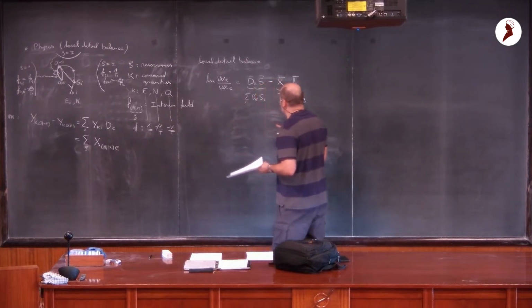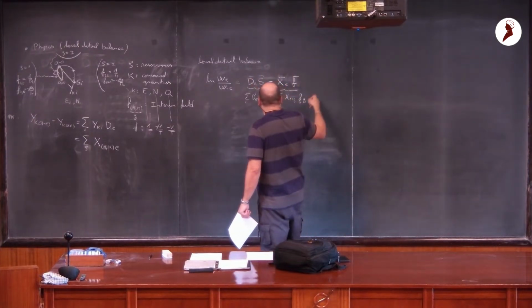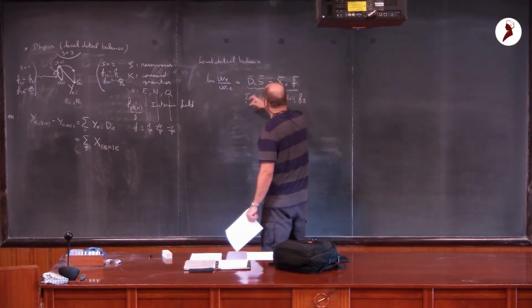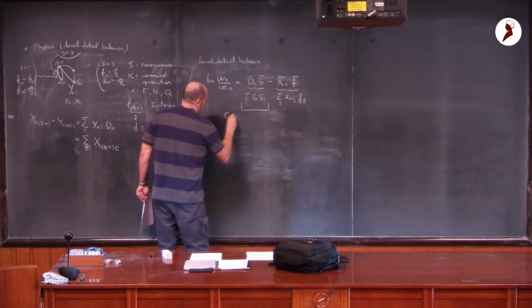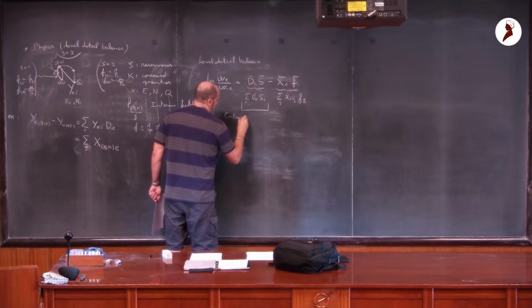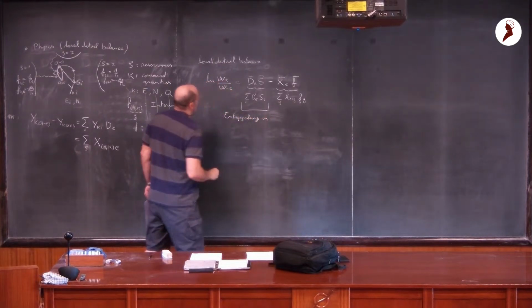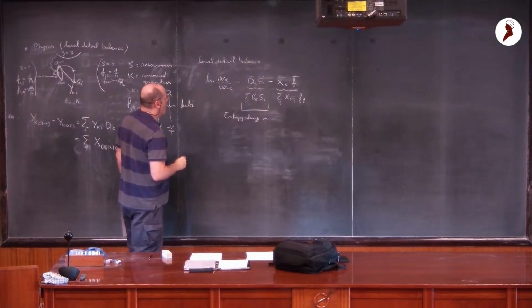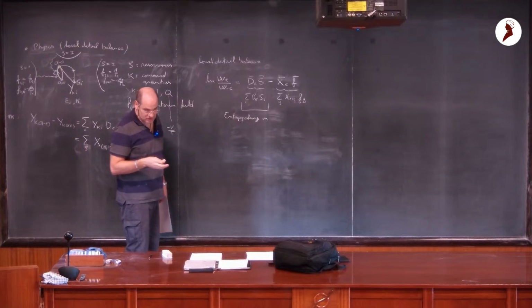And now comes the important interpretation. This is an entropy change in the system. The rate is when I'm going to multiply by the flux.